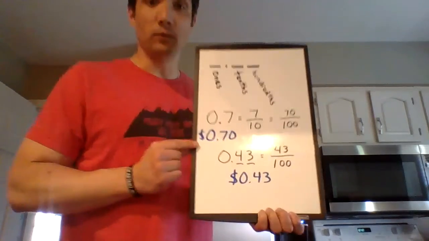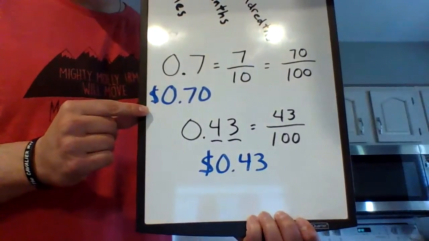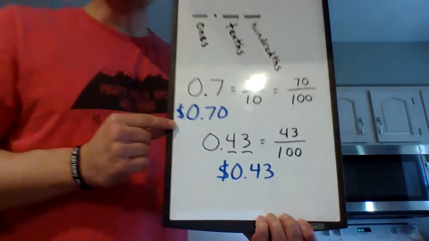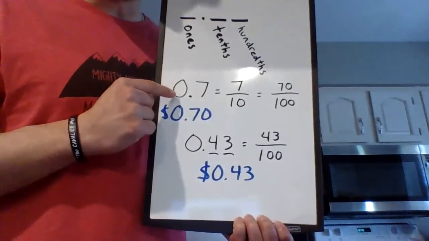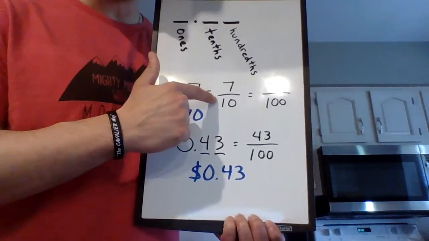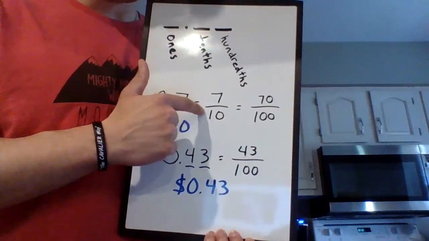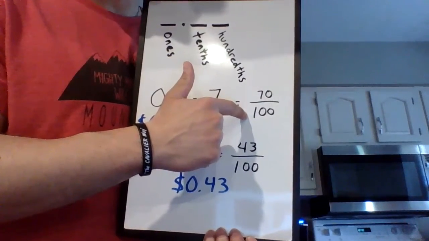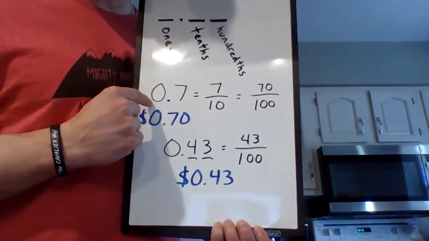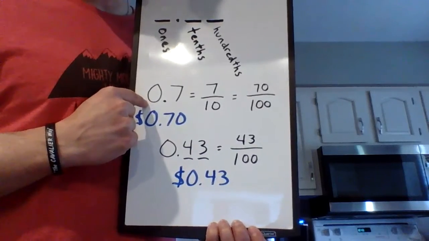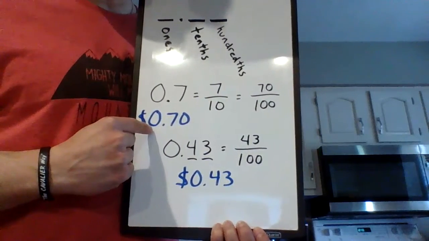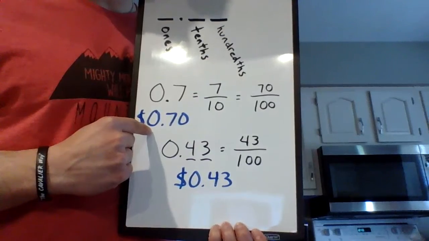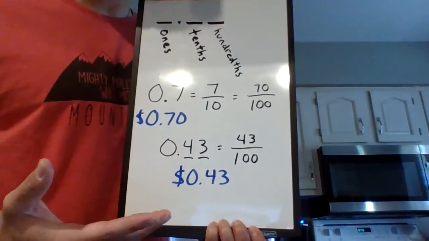Right here in blue, it is 70 cents. So we've got 7/10, but it is also equivalent to 70/100ths. Because this is 0.7, it is the same thing as 0.70. It has a value of 70 cents.